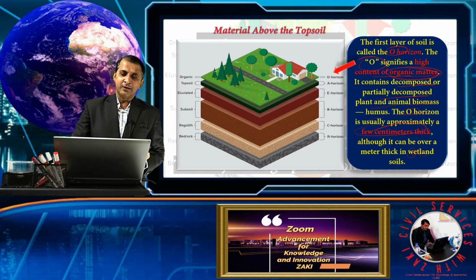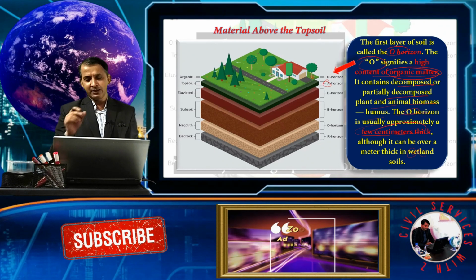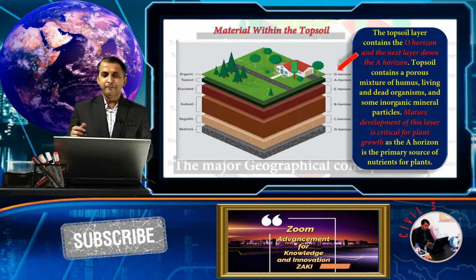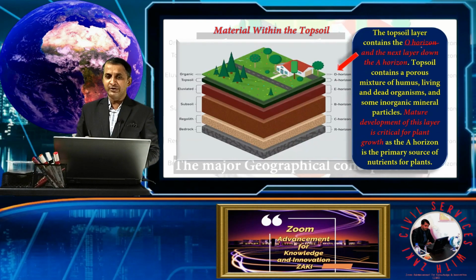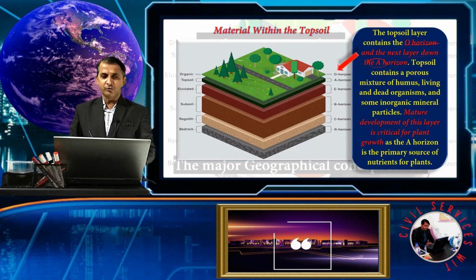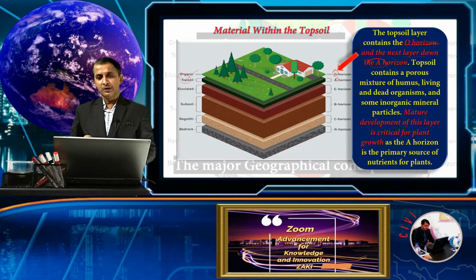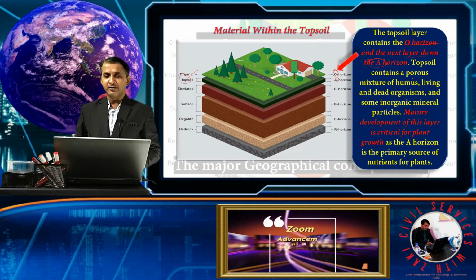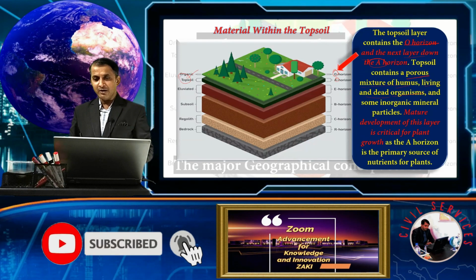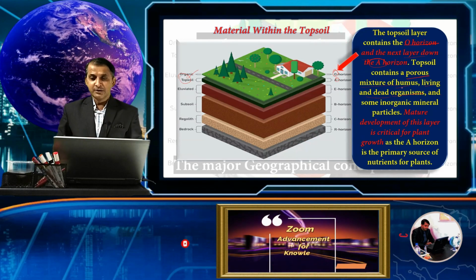Below the O horizon, you can find the A horizon. The O horizon and A horizon are called topsoil. Topsoil contains a porous mixture of humus, living and dead organisms, and sometimes inorganic mineral particles.